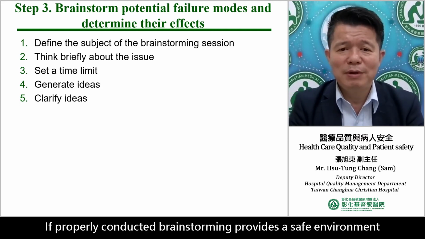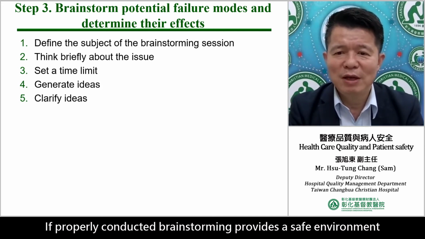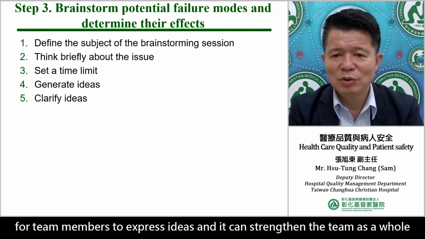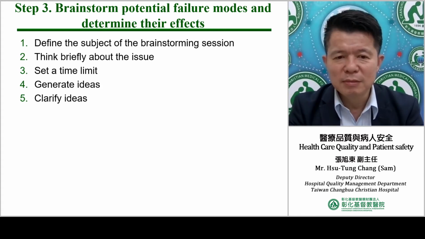If properly conducted, brainstorming provides a safe environment for team members to express ideas, and it can strengthen the team as a whole. Effective brainstorming can be accomplished in the following 5 basic steps.